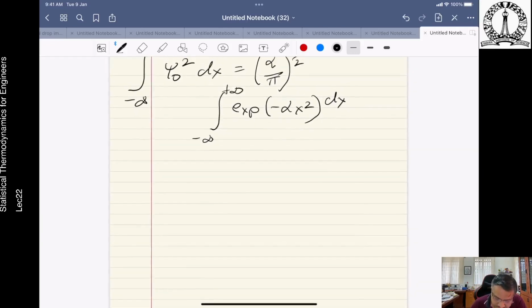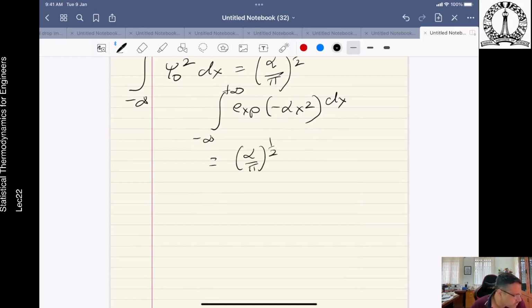This translates to, if we do the integration, pi by alpha to the power of half, and this is equal to 1.